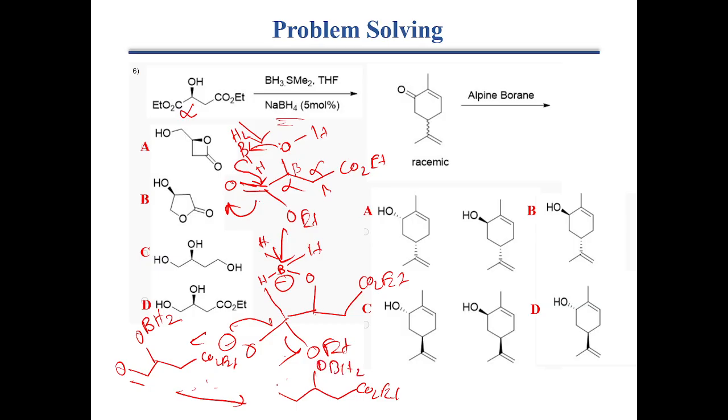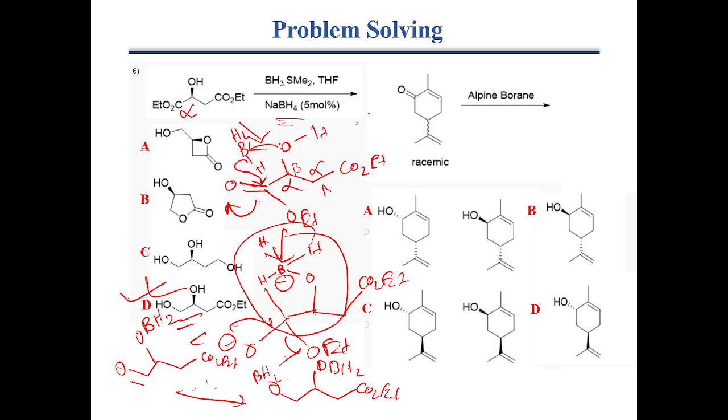OBH2, OBH2. After hydrolysis, we will get this alcohol. So this is due to the formation of a five-membered boron heterocycle, which is stabilized through the alpha hydroxy group. So that's why the alpha hydroxy ester is reduced, not the beta hydroxy ester.